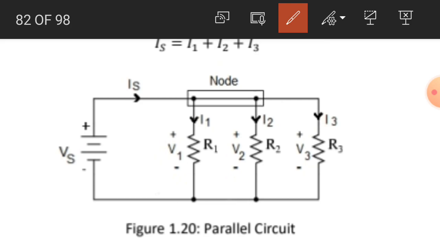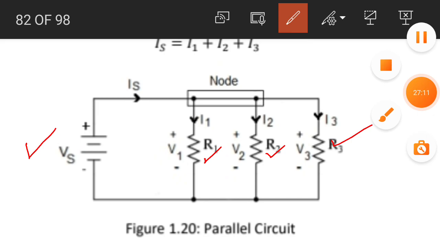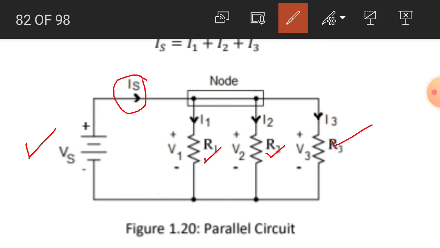We apply a DC voltage across the parallel combination of R1, R2 and R3. The total current in this parallel combination is represented by Is. There is a single node in the entire circuit, which is shaded over here.